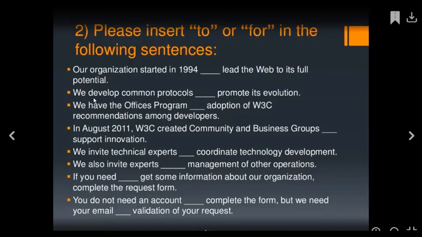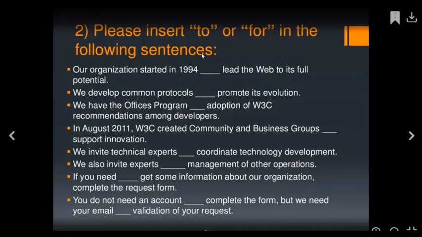We developed common protocols to promote this evolution. To promote, sí, promocionar o promover.